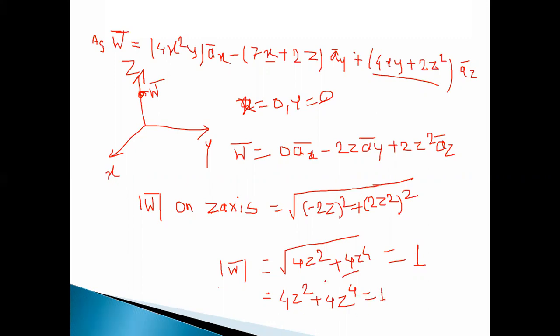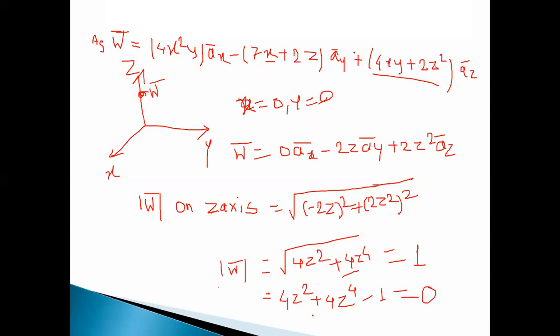If you take this quantity 1 to the left side, it will be minus 1, and this will be equal to 0.